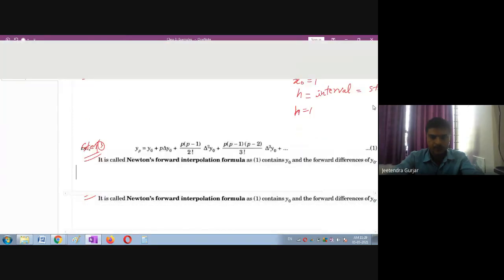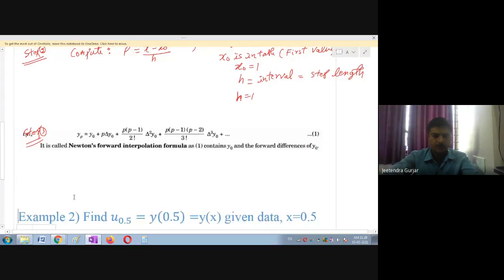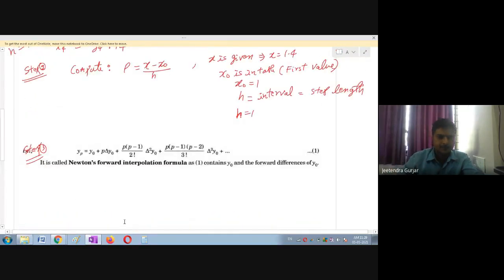This formula, please use and substitute the values. Okay, so I will take this now. I have not calculated the p value, so put it in. This is 1.4 minus x naught is 1, divided by h is 1. So this is 0.4. So p is equal to 0.4.